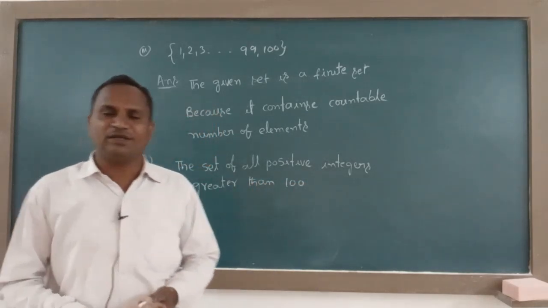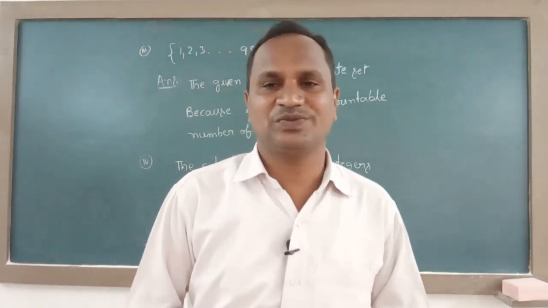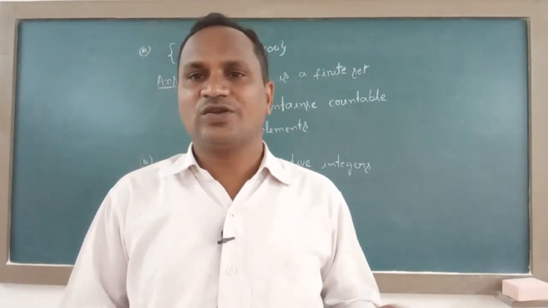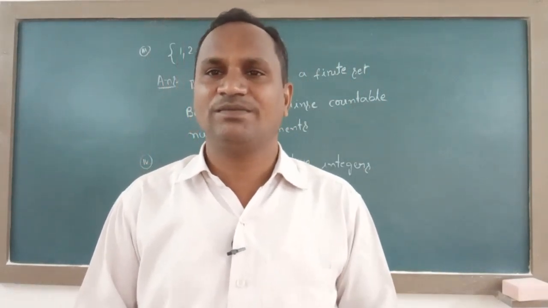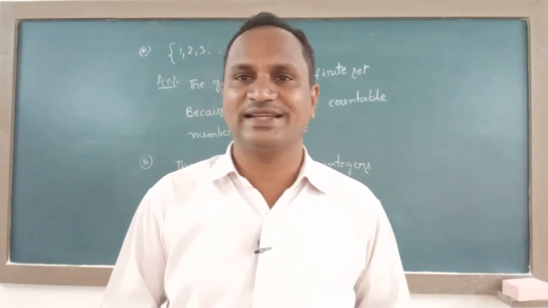More than 100, how many numbers can you write? 101, 102, 103, 104, up to and so on. Can you count them? We can't count them. That's why the given set is an infinite set.